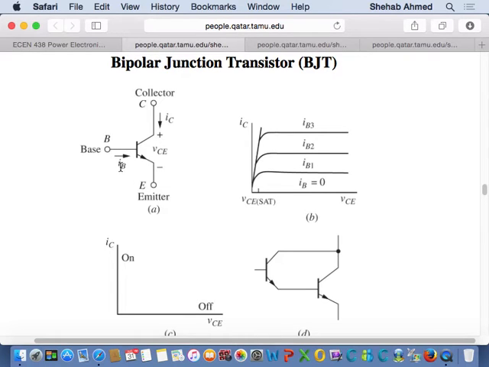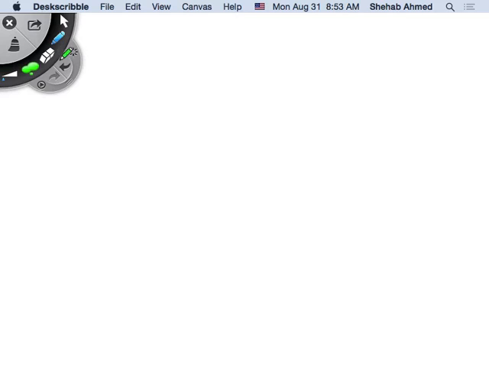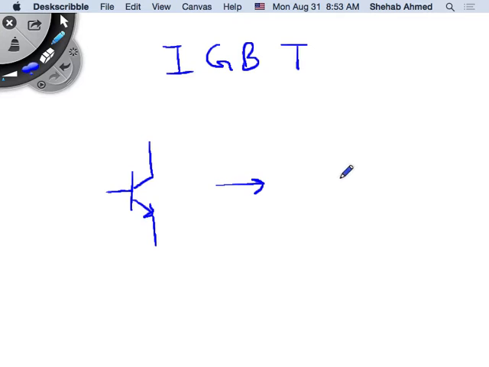The power electronics people did the same thing they did with the thyristor to the BJT device. They created what's called an IGBT. Okay, so it's called an IGBT. So it's basically they took a BJT device and they did this to it.